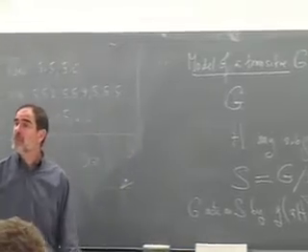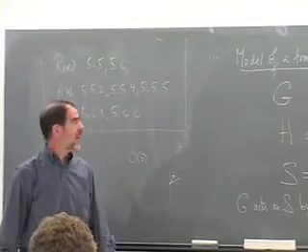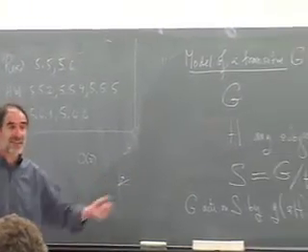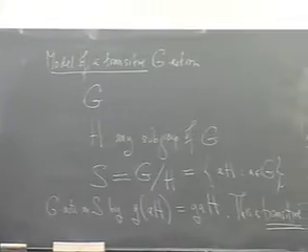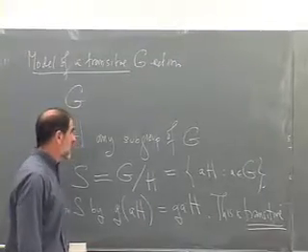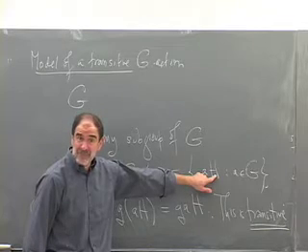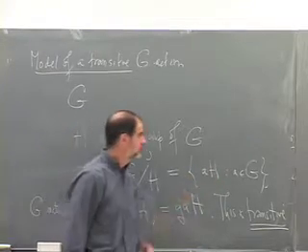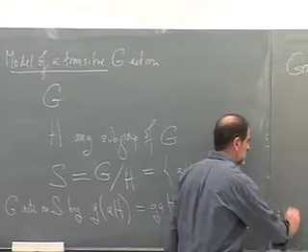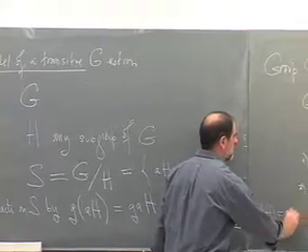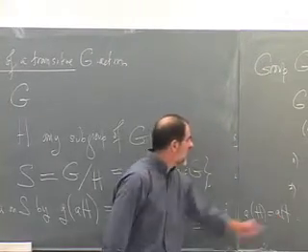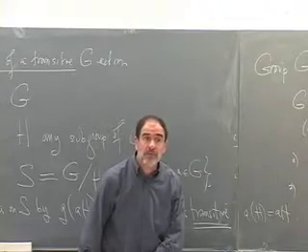You agree? Well, I just have to find one coset that I can take into anything. If I take the coset H, and I want to take it to the coset AH, I just translate by A. Okay. So I can get from H to any other coset via this group action.